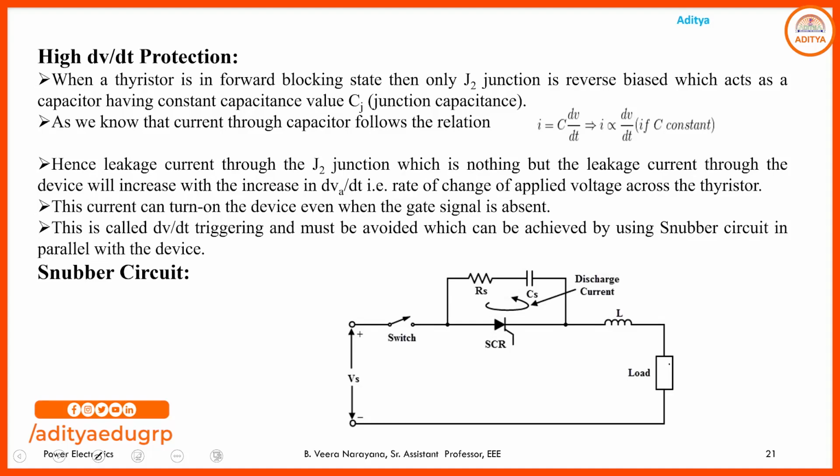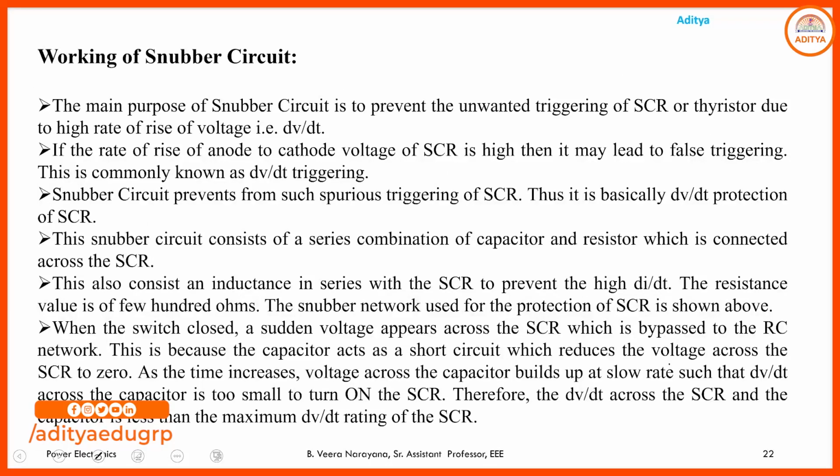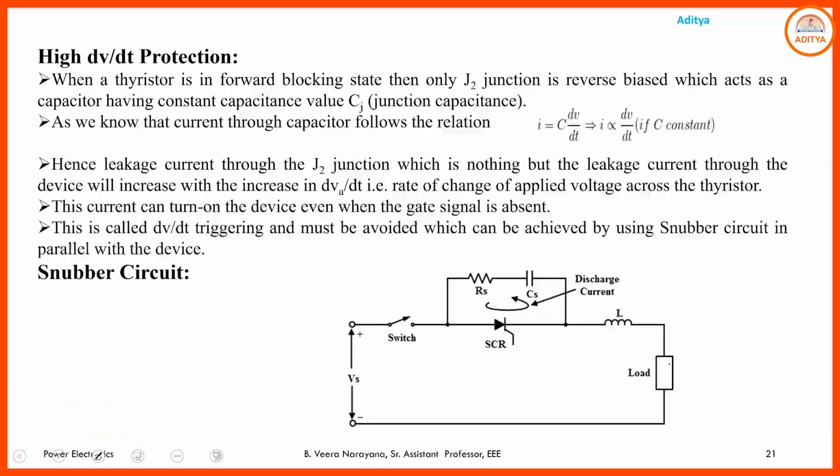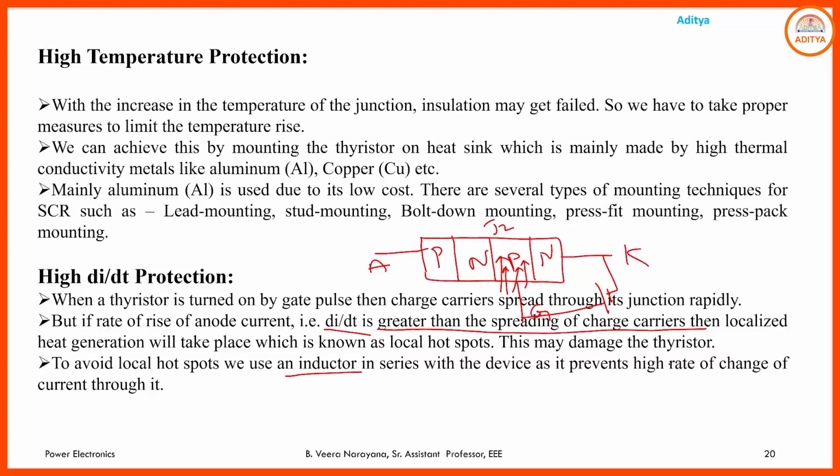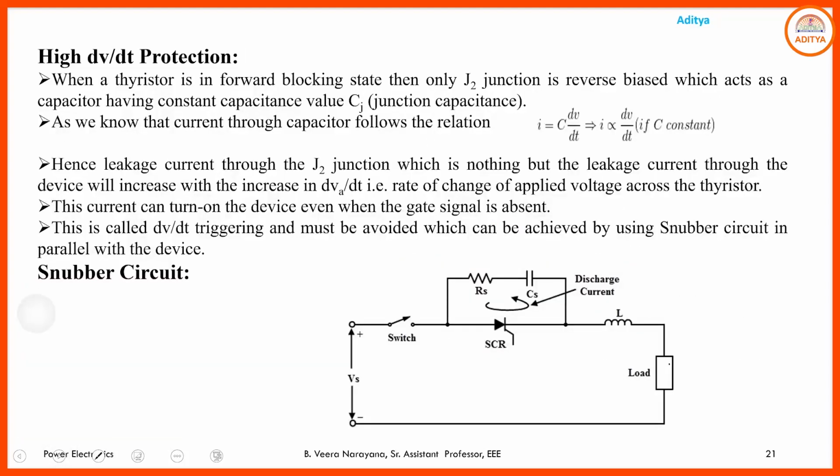So coming to the working of the Snubber circuit. Initially the switch will be in the open position. If the switch is closed, the anode is made positive with respect to the cathode, then the SCR is in forward biasing mode, and the capacitor starts charging slowly.